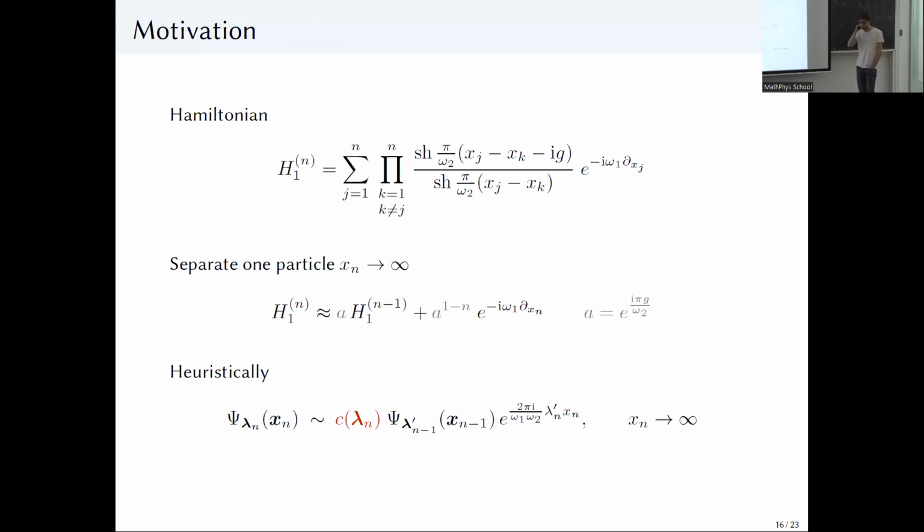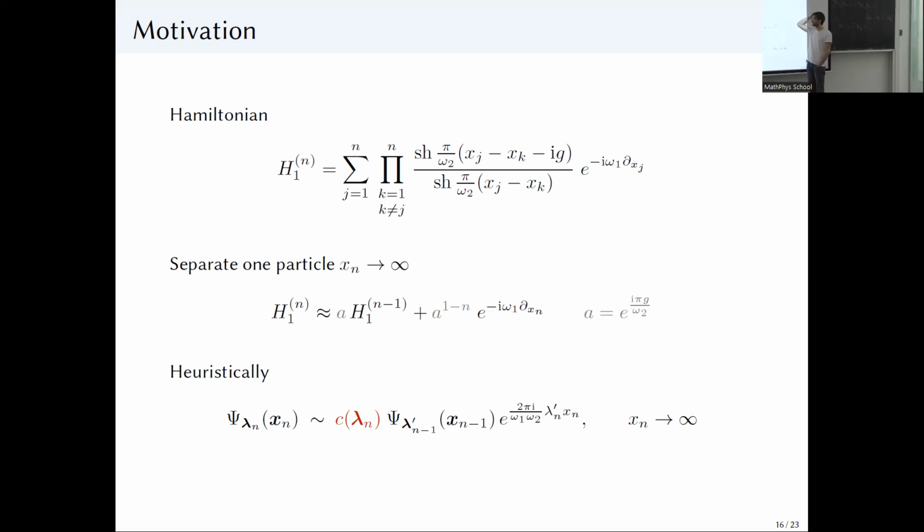Let me now mention the motivation for these Q operators, which is quite heuristic and formal, but still. Consider one of the Hamiltonians I wrote down at the beginning, one of the simplest ones. It contains just one shift operator, and it's labeled H1. I also put n in brackets to emphasize that this Hamiltonian is for n particles.